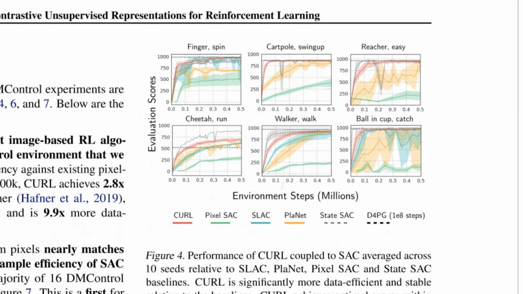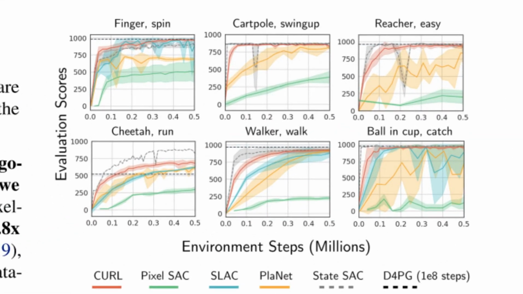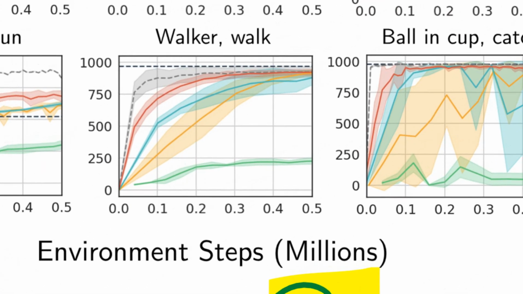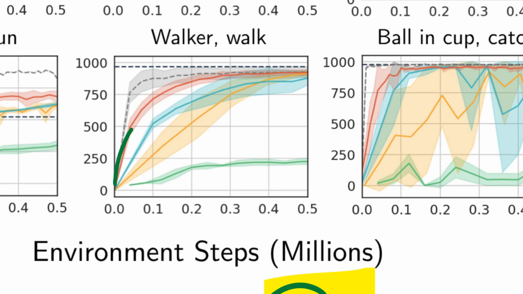And it actually, if you look at the results, it doesn't outperform everything. But for example, here the red is CURL and the dashed gray is state SAC. Now state SAC, the important thing to note here is it has access to the state, whereas CURL only works from pixels, right? So that's what I said before, like if I had to craft a useful representation, basically state SAC has access to that. And you see that in many of the tasks the CURL comes close or performs equally well to the state SAC.